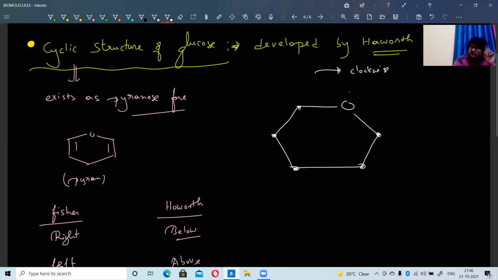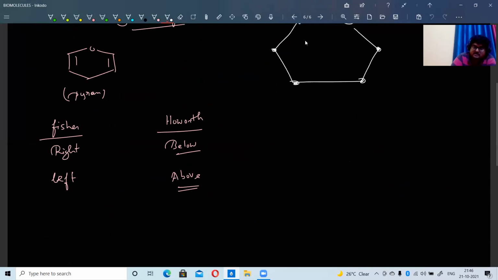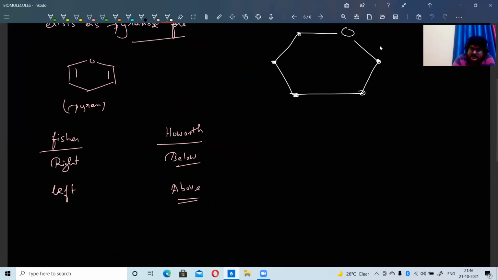Now number 2, if you take alpha D glucose, I am trying to draw the alpha form, alpha D glucose. If you check the alpha D glucose structure, this OH is on the right hand side, and right hand side always means below. So this one is a below form.